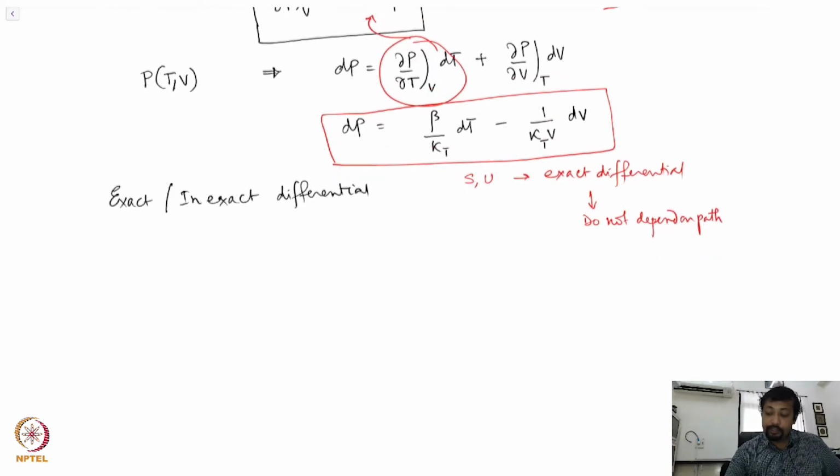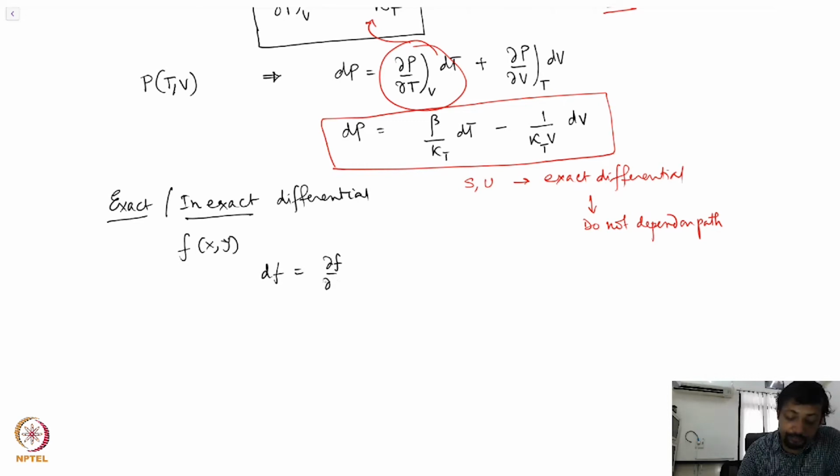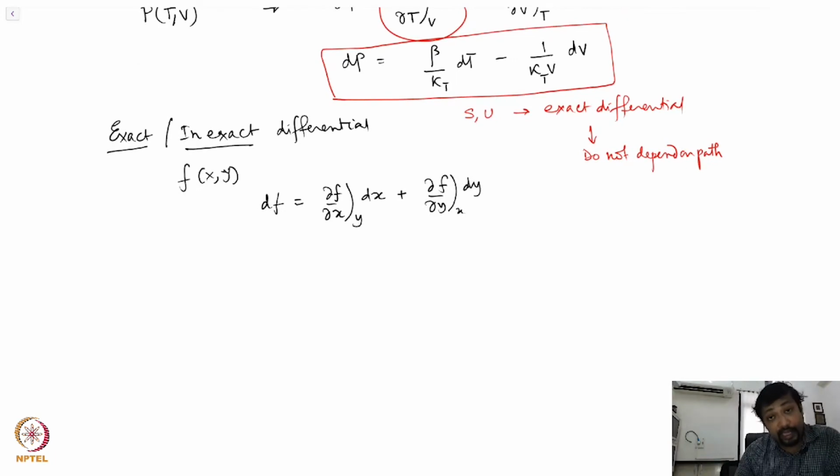And once they do not depend on path, I can write down the following. But before we do that, what exactly do we mean by exact and inexact differential? As we had shown before, if f is a function of x and y, then df is equal to del f del x at constant y dx, plus del f del y at constant x dy.